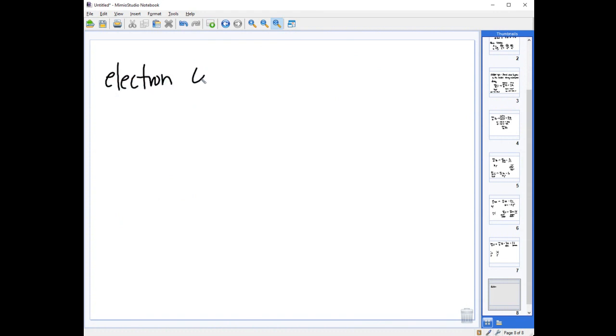Now, electron capture is the only one that's going to show up on the left side of the equation. This is going to only occur in very large, unstable nuclides. The example I have for you on your cheat sheet on the 3rd page looks like this.